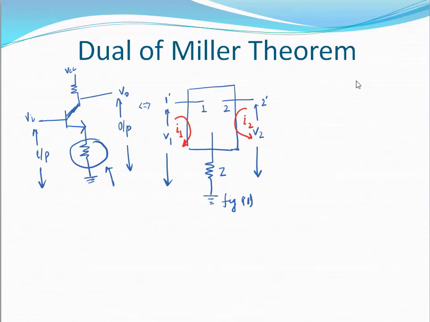So the same scenario as the Miller theorem, but in Miller theorem we had a feedback element in between terminal 1 and 2.